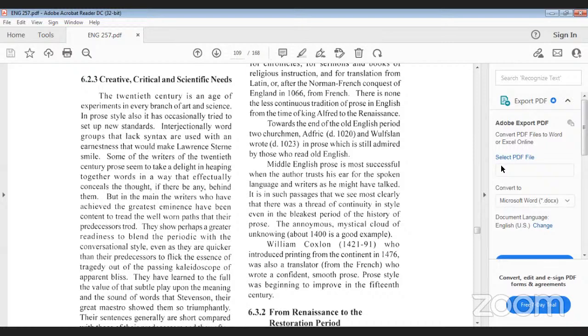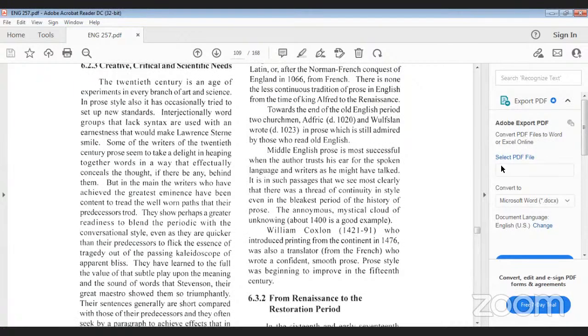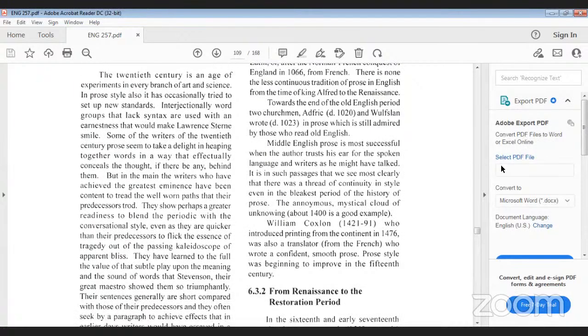They have learned to the full the value of that subtle play upon the meaning and the sound of words that Stevenson, their great maestro, showed them so triumphantly.